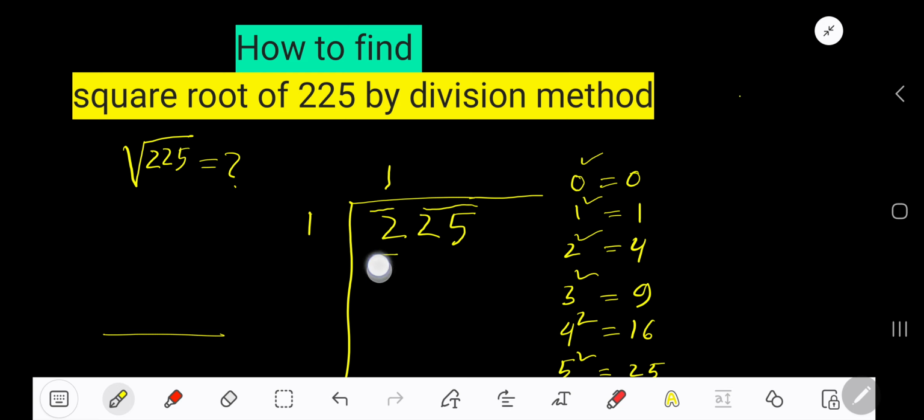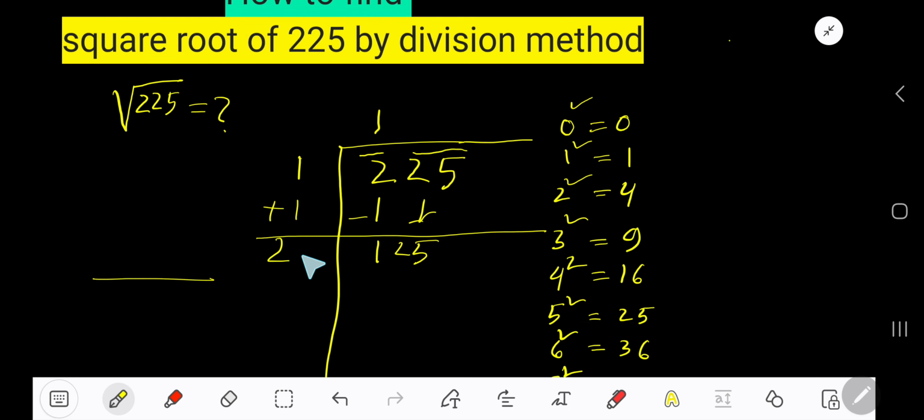1 times 1 gives you 1. If you subtract, you are getting 1. Now bring down the next pair. You have placed 1, so 1 must come under the divisor and you need to add 1 plus 1, 2.